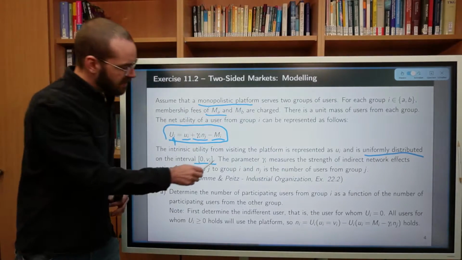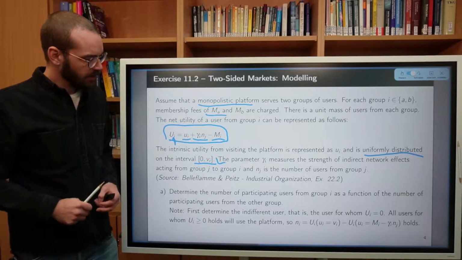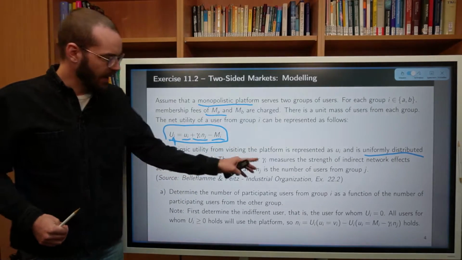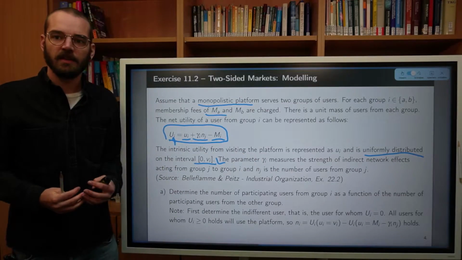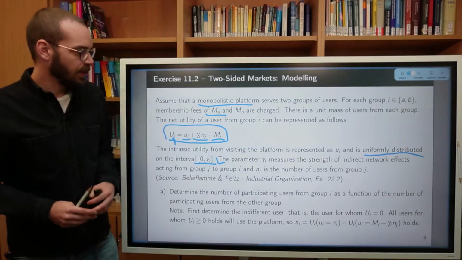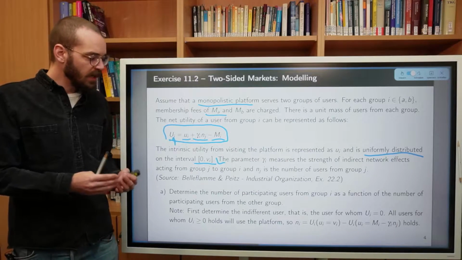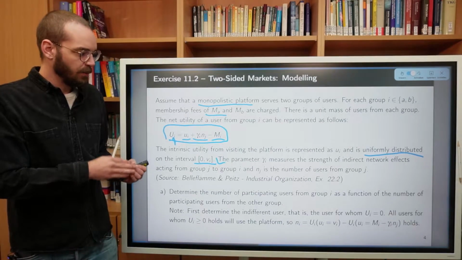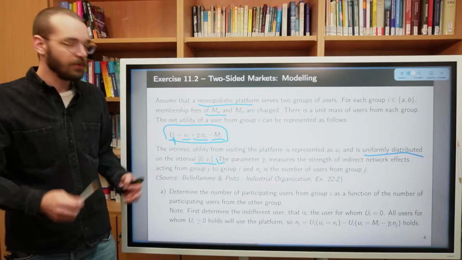We already discussed this last part, so let's just quickly reiterate. This parameter gamma_i measures the strength of this indirect network effect acting from group j to group i, where n_j is the number of users from group j.